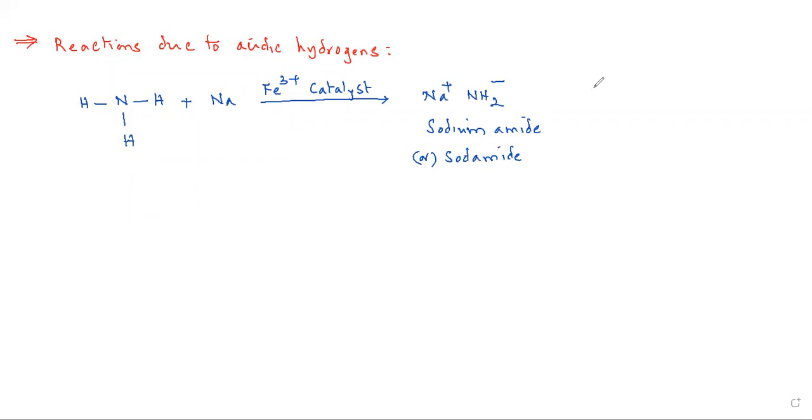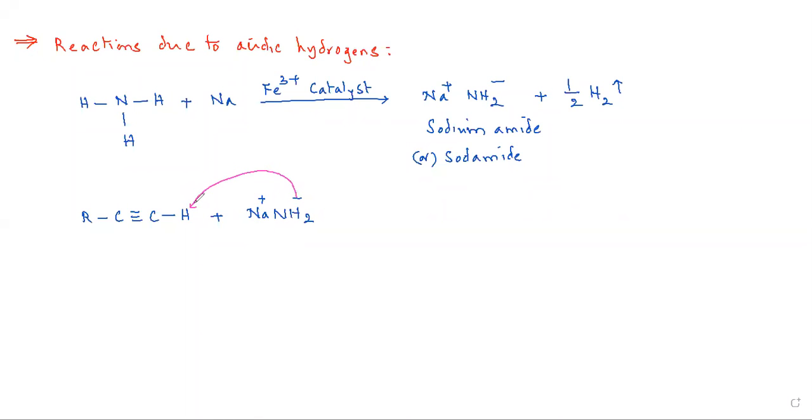One of the hydrogens is eliminated. Now this sodium amide reacts with the acidic hydrogen.